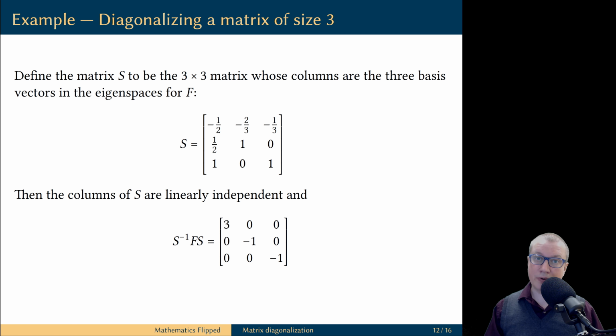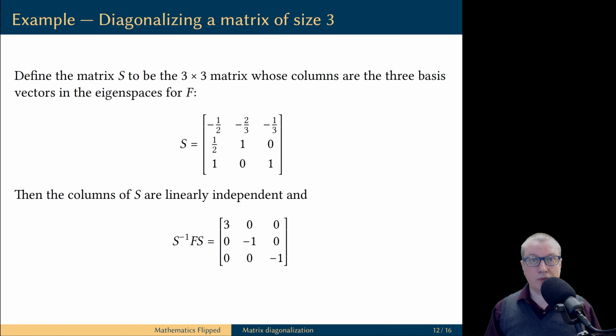Also, by the proof of the previous theorem, we know that S inverse FS is a diagonal matrix where the first entry on the diagonal is the eigenvalue that corresponds to the first column in the matrix S. The second value on the diagonal is the eigenvalue that corresponds to the second column of the matrix S, which is one of the eigenvectors.